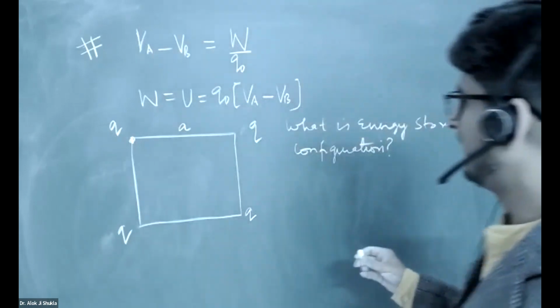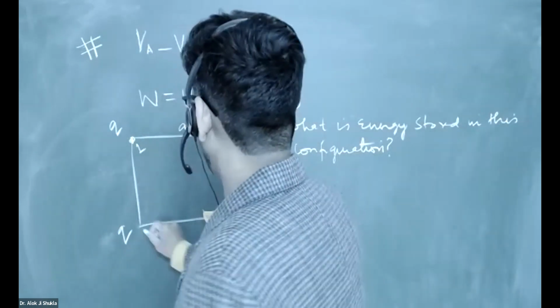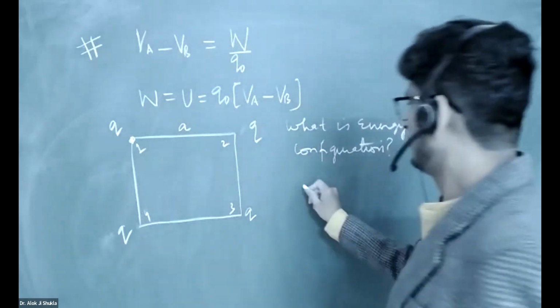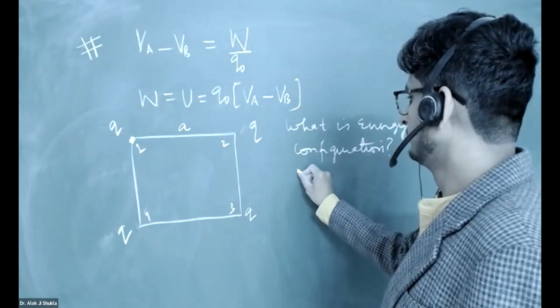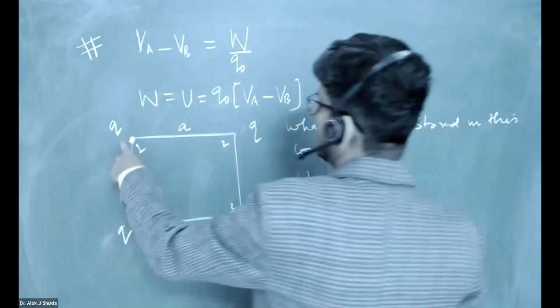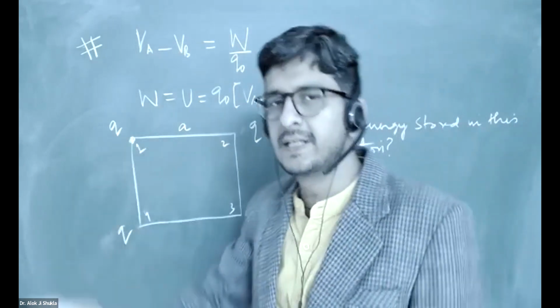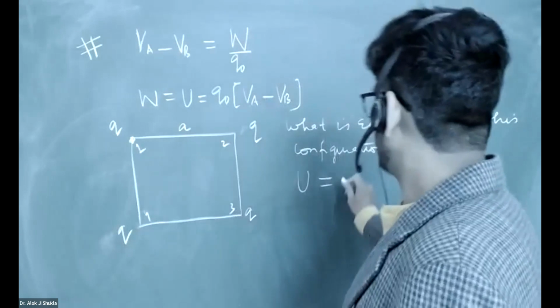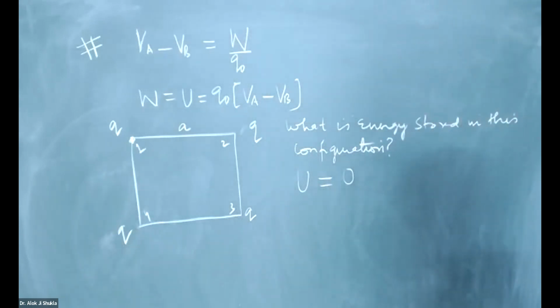So suppose सबसे पहले मैं इसको नाम दे देता हूँ 1, 2, 3 and 4. So the energy stored will be equal to, सबसे पहले ये चार्ज लेकर आते हैं when nothing is there. So when you bring this charge, there is no other potential, so the energy to bring this charge will be 0.